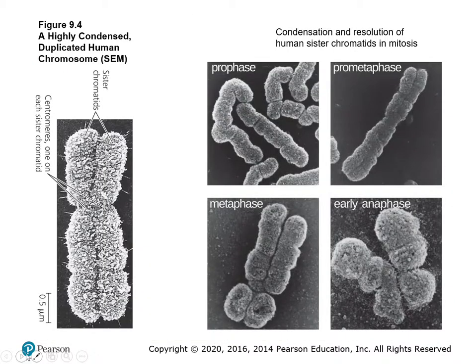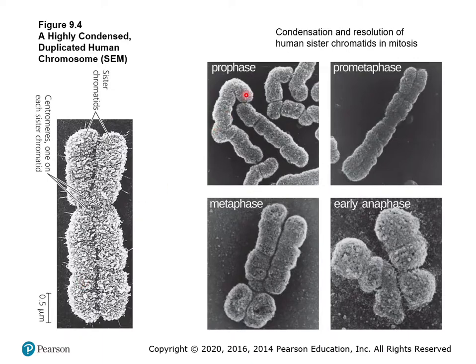And here is what a highly condensed chromosome looks like. And so these are the sister chromatids held together by a centromere. And so this is where the mitotic spindle is going to connect. It connects to the kinetochore. And so this is one sister chromatid, this is one sister chromatid, identical copies of each other.